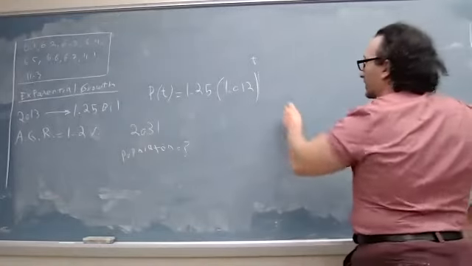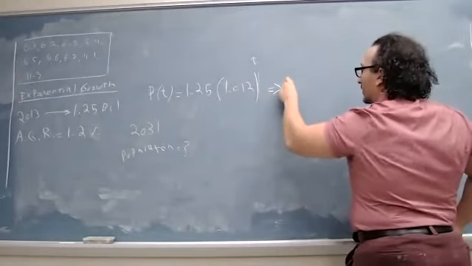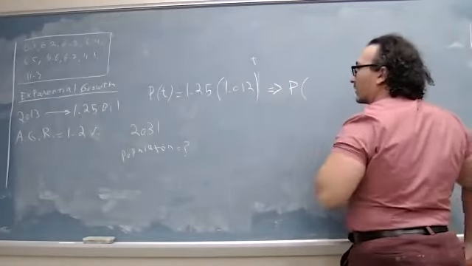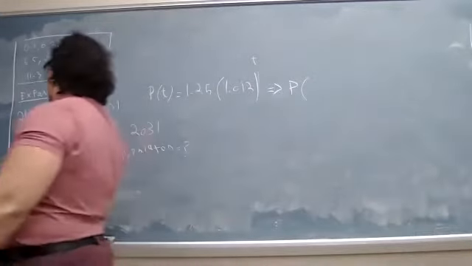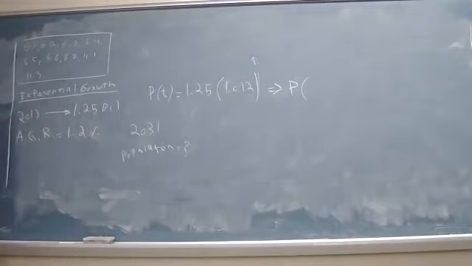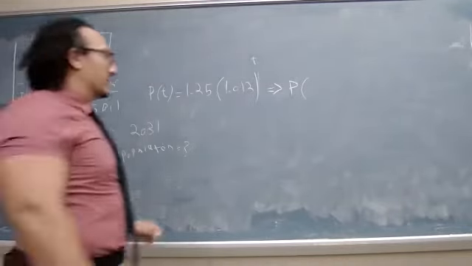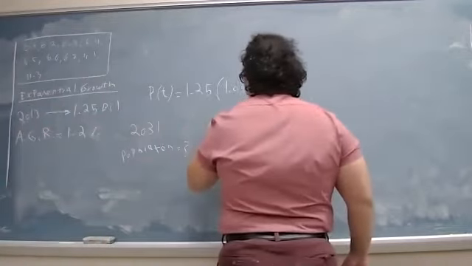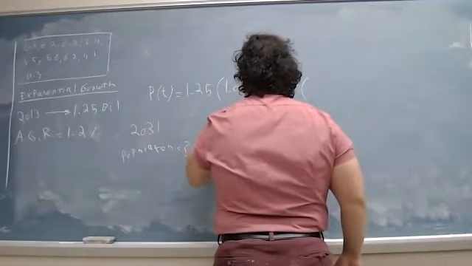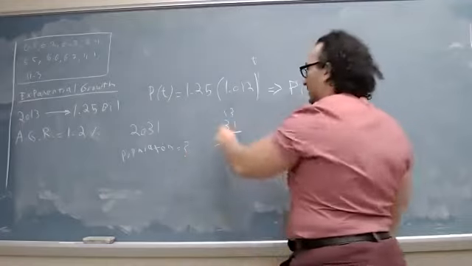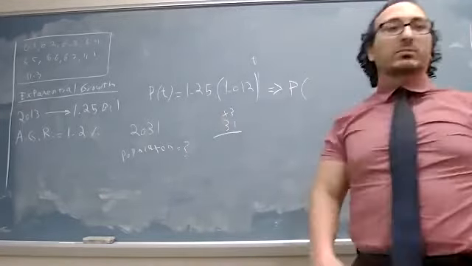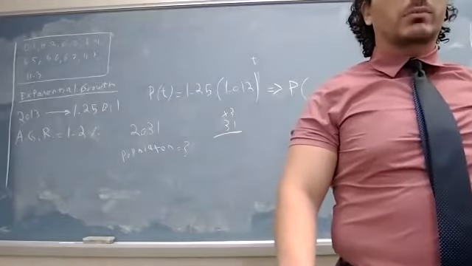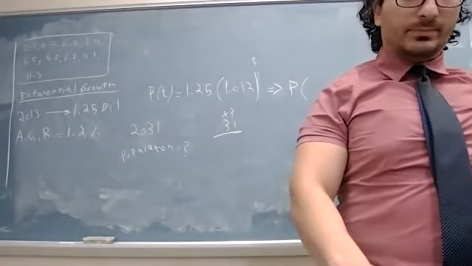So the way we do that is we evaluate this function at some years after 2013. In 2031, how many years have passed by? Well, we just got to subtract them. So what's 31 minus 13?